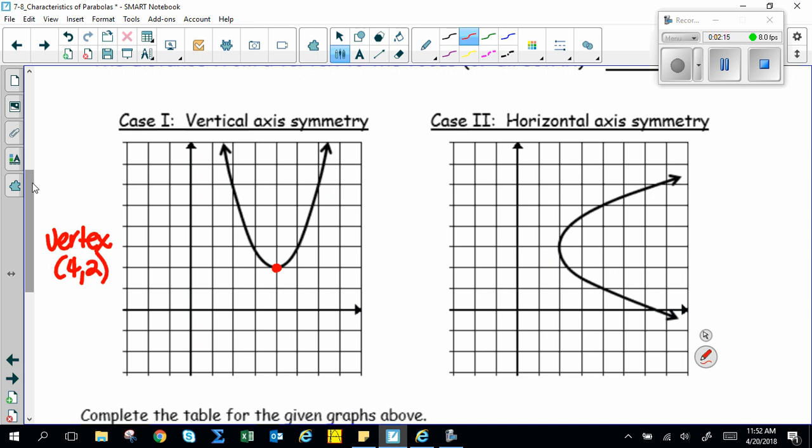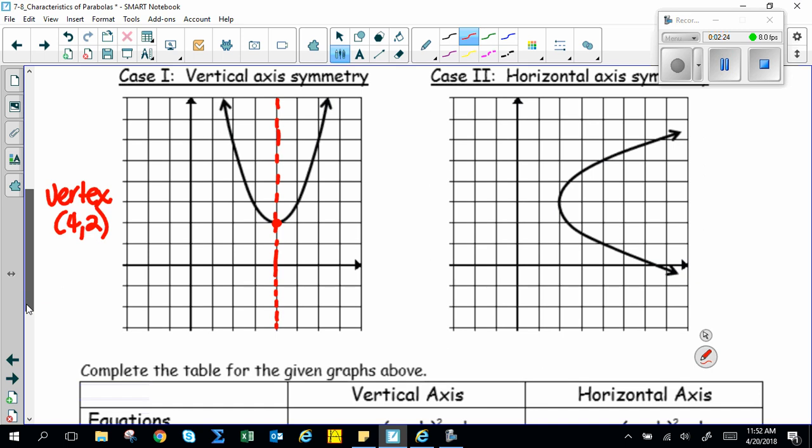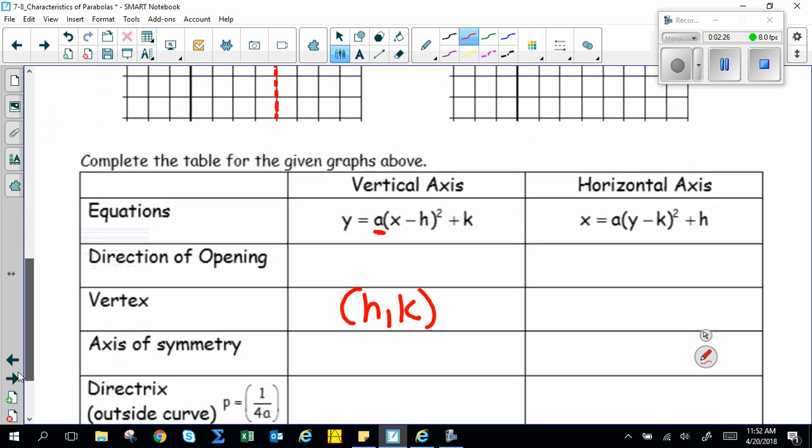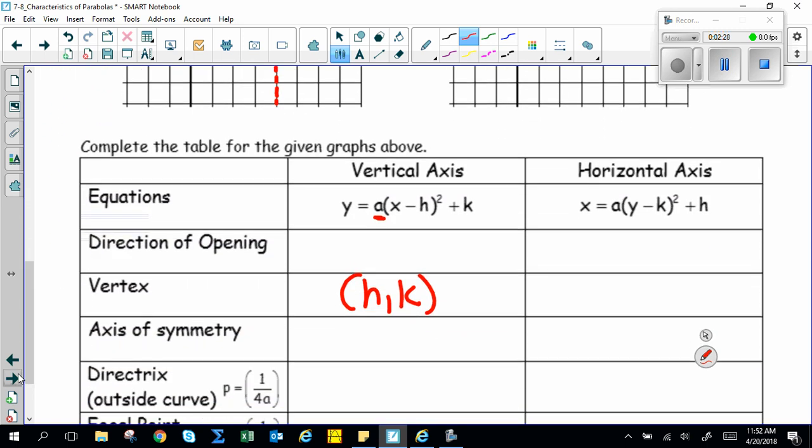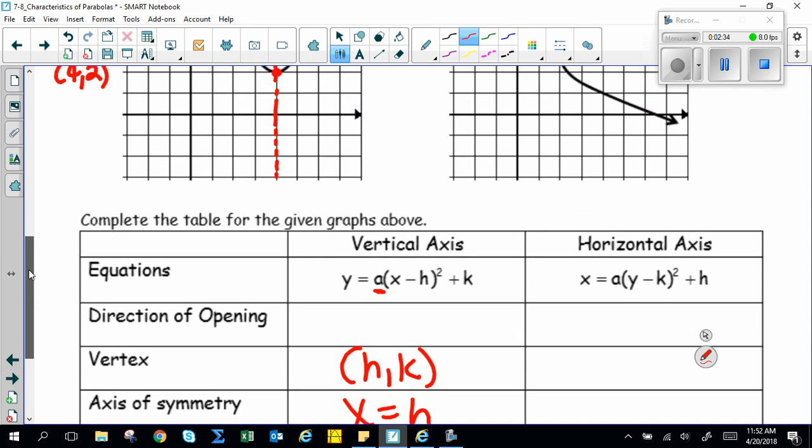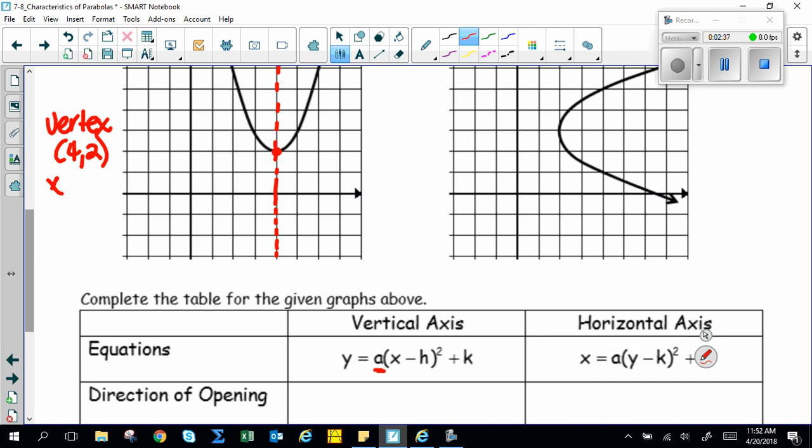With a vertical parabola, the axis of symmetry is a vertical line that runs through that vertex. Vertical lines start with x equals, and it's going to be x equals whatever that h value is. So in my case here, for this example, I'm going to have x equals 4. That's my axis of symmetry, my line of symmetry. Okay? So far, nothing new.